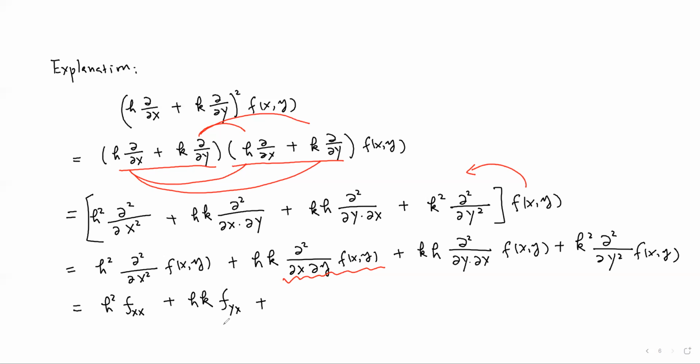The third term means take the derivative with respect to x first, then y. Then plus the last term, k squared f y y.